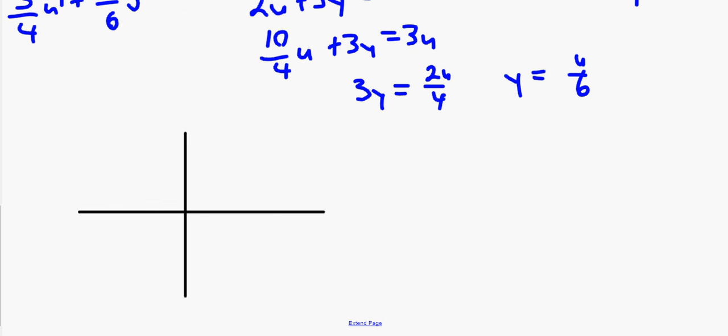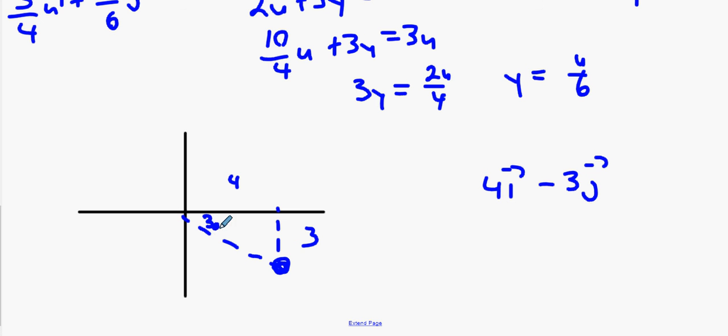If I have a vector, any two numbers I can think of, for argument's sake, 4i minus 3j. Is that okay with you guys? Alright. And if you tan inverse 3 over 4, you get 36.87.